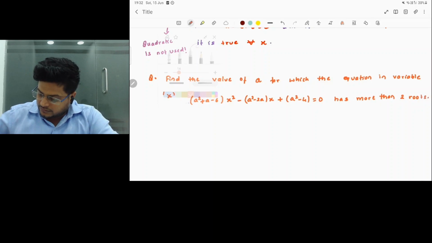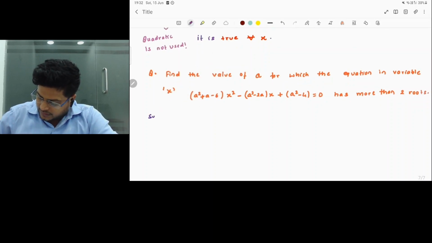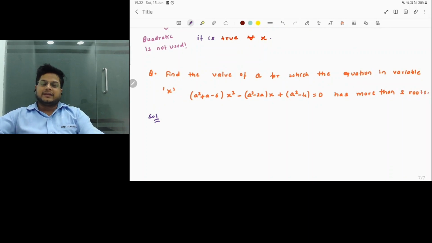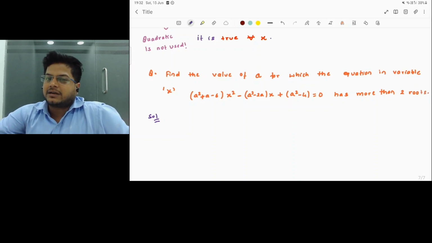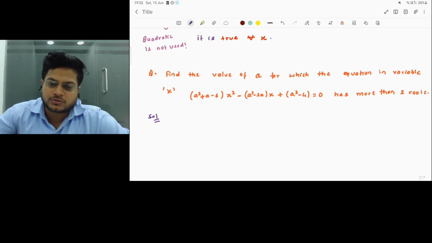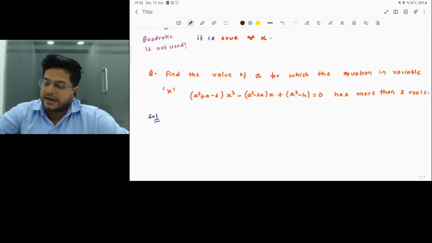So let me solve here. Say a simple thing. The degree is 2. If it was quadratic, you can see that the word quadratic is not used, it should have exactly 2 roots. But they are asking that it has more than 2 roots. So basically what should happen? It should be an identity.